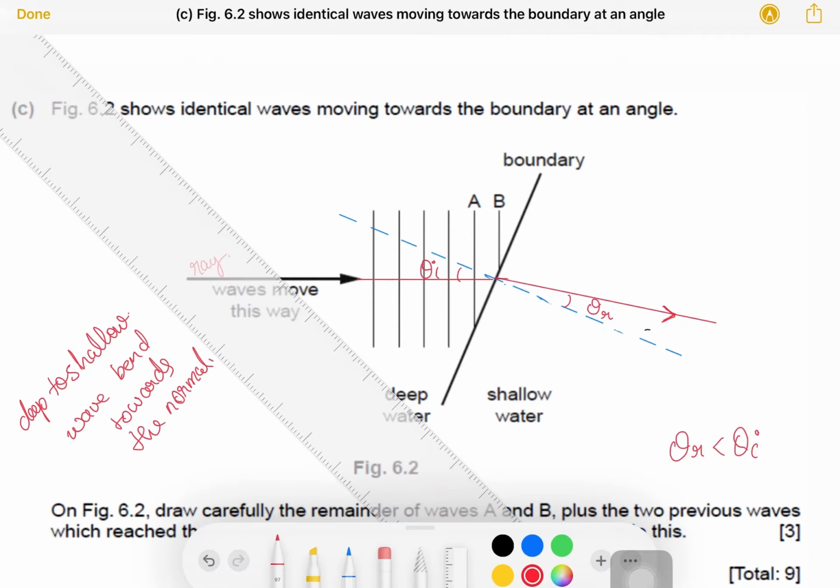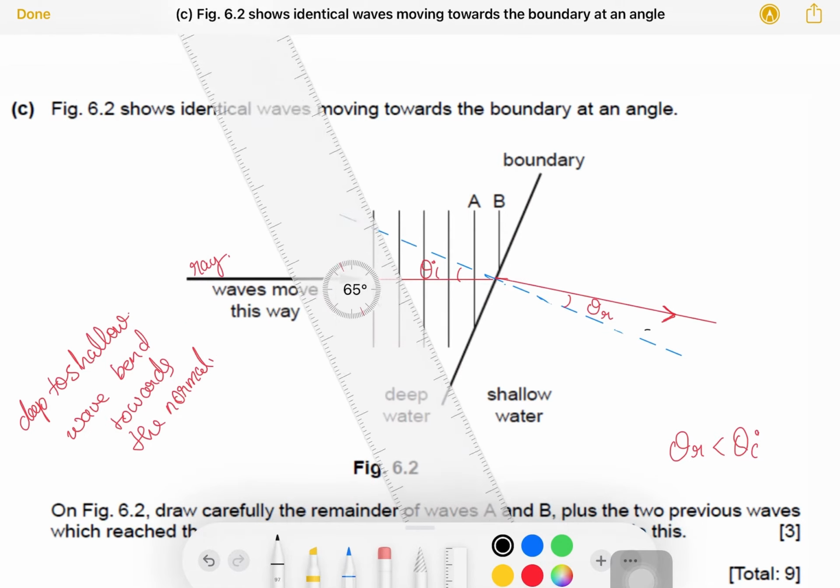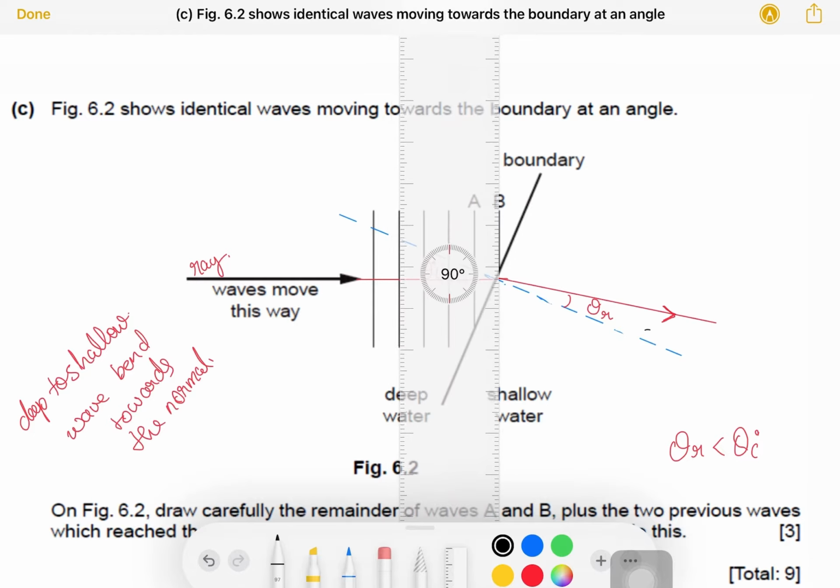Now you finish drawing the ray, you can start drawing the wavefront. It has mentioned that you are supposed to draw the remainder of A and B. So what happens to B? Now we know that the ray is bending. Similarly, the wavefront also will bend at this interface. So how will we draw that?